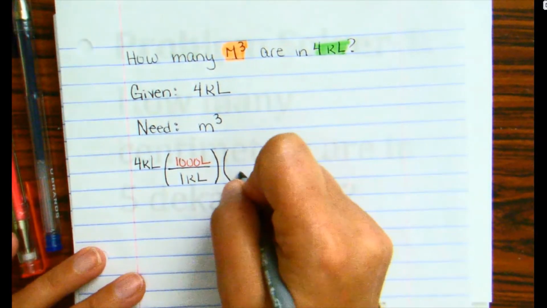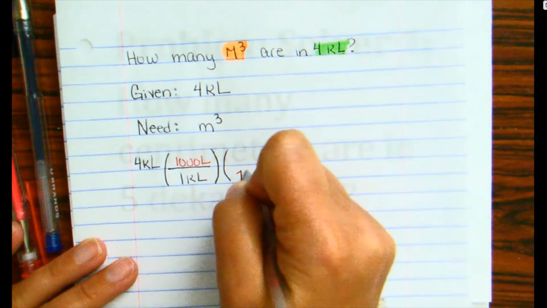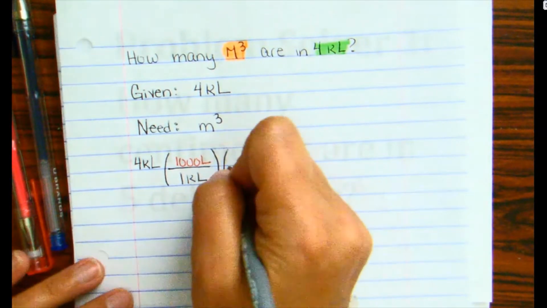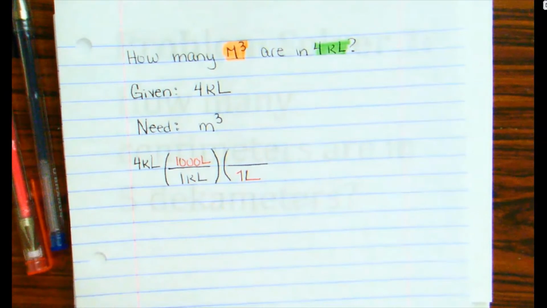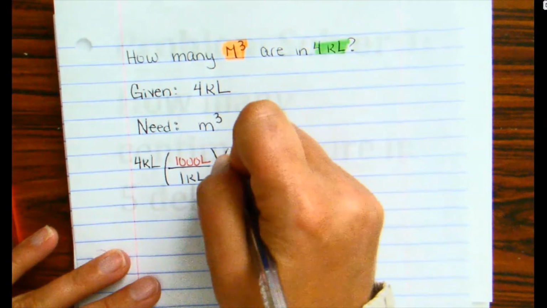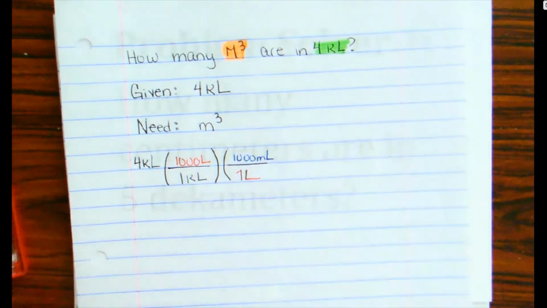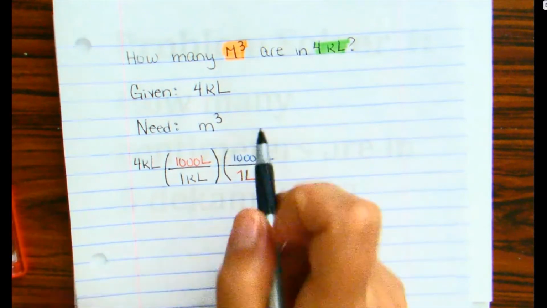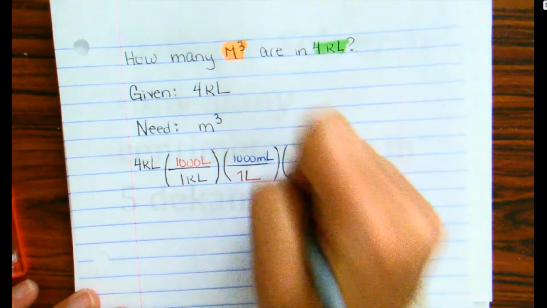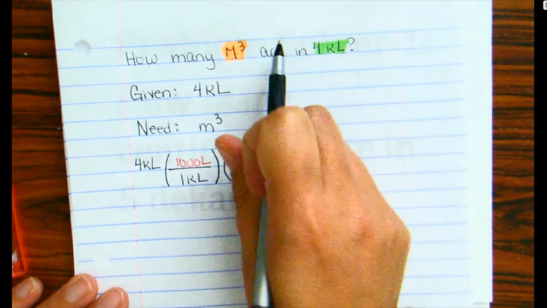For every 1 liter, you have 1,000 milliliters.